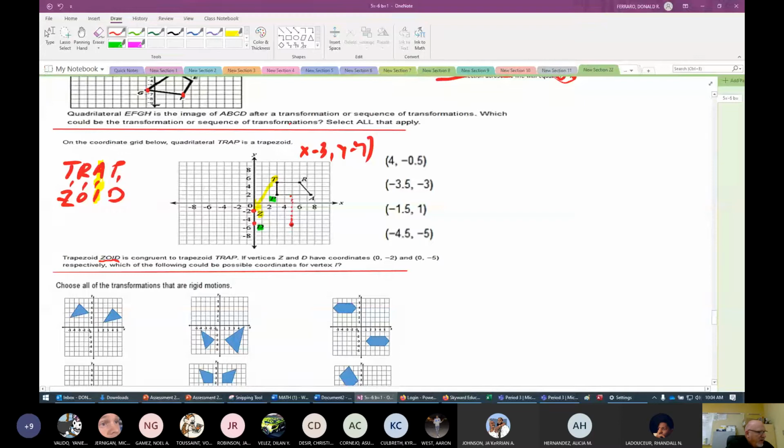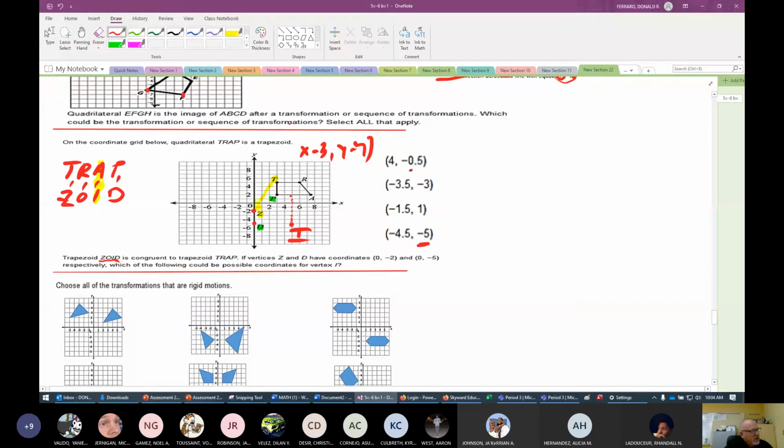So I end up there. Now I know that for my point A, which now becomes I, the y coordinate would have to be -5. Well, this is the only one that has -5.